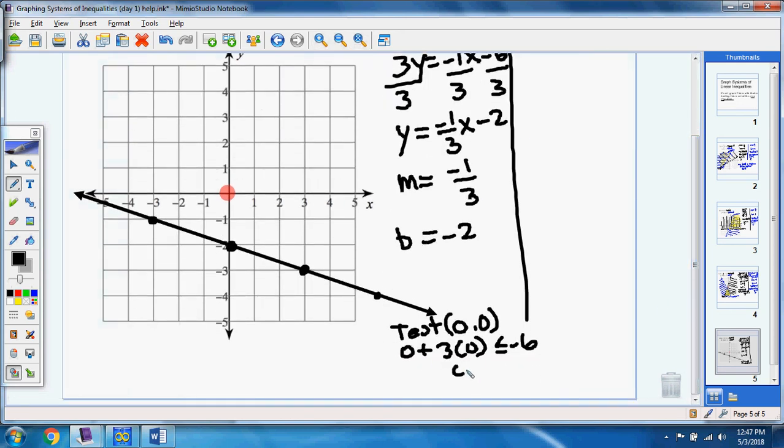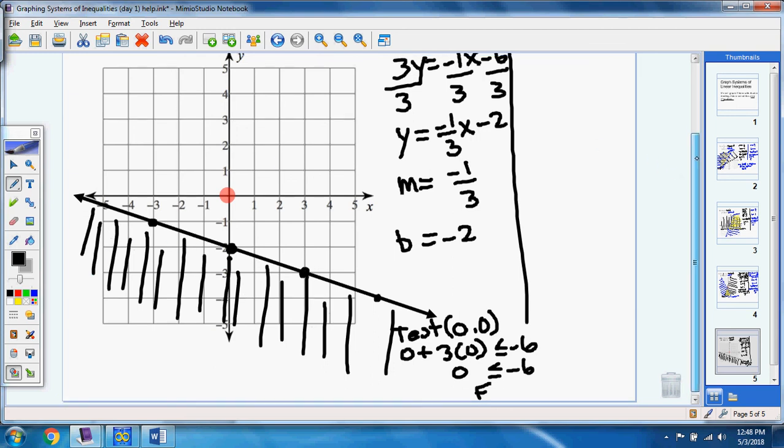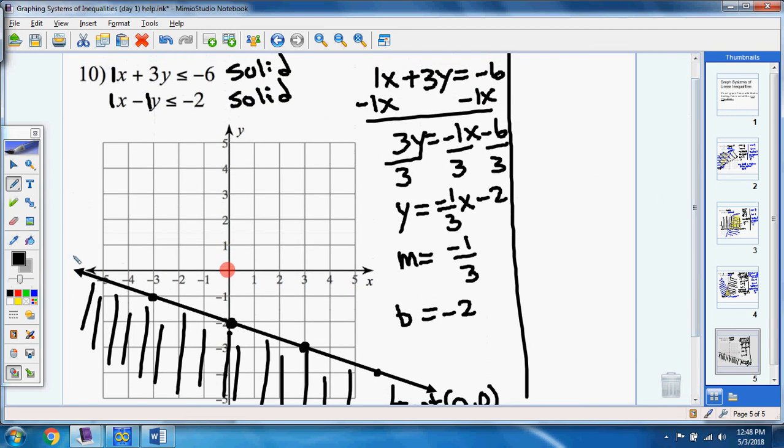So it's just 0 is less than or equal to negative 6, and that is a false statement. So for my black line, the first line, I don't like that pair of shoes, so I'm going to come over here to the other side. Again, it's not scribble shading, not art shading, it's just simple line segments. So again, that is x plus 3y is less than or equal to negative 6.